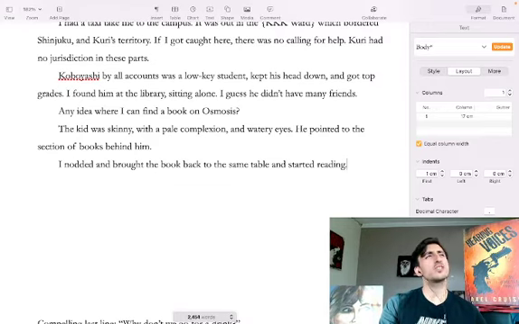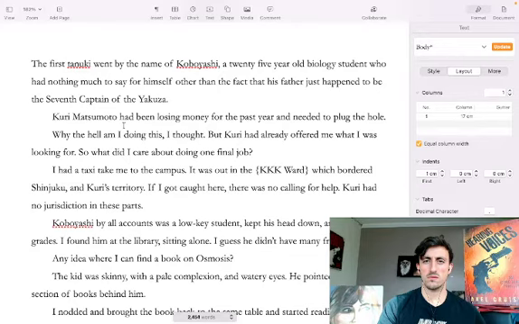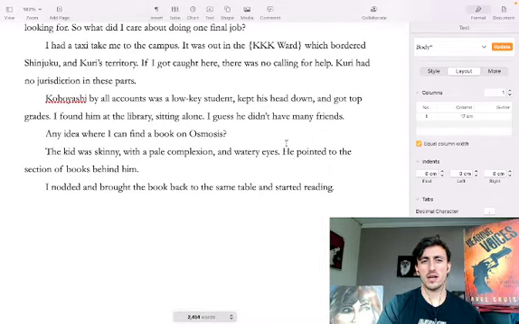Okay, so this sharp character, I think we need to make this 25-year-old student maybe like a PhD student or something. Because how old is our guy? Our guy Sharp, he's like 32. So he can probably pass for a 28-year-old.